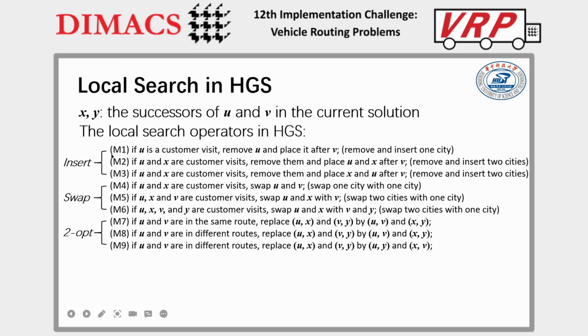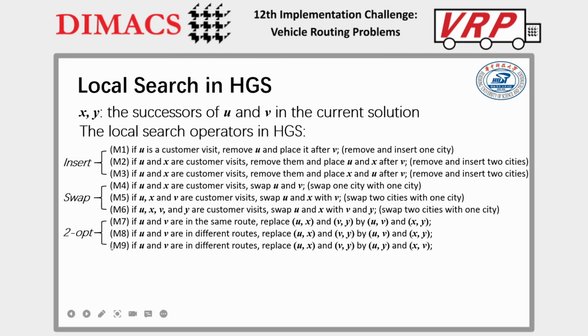We can see that M1 to M3 are insert operators. M1 removes and inserts one city, and M2 and M3 remove and insert two cities. M4 to M6 are swap operators. M4 swaps one city with one city. M5 and M6 swap two cities with one city.